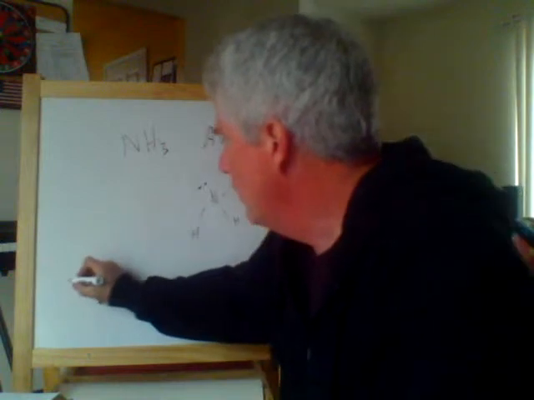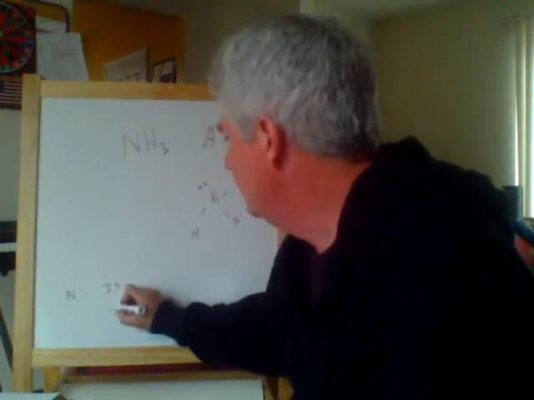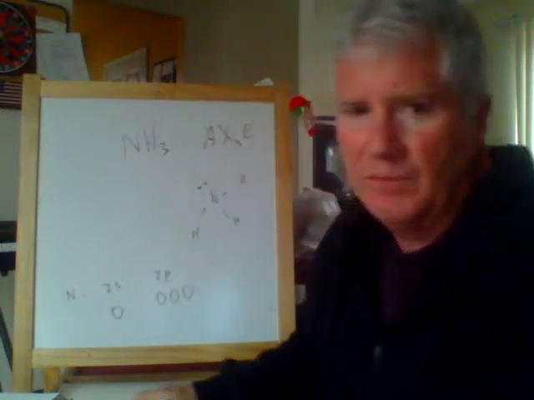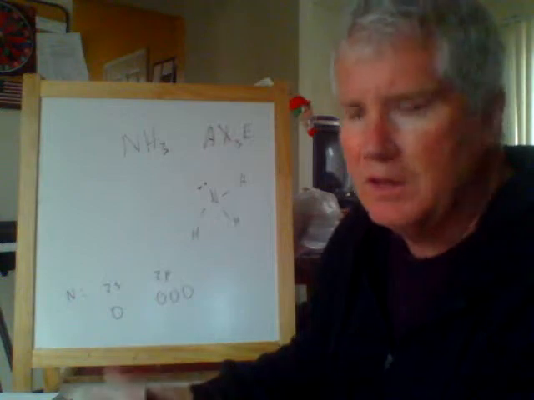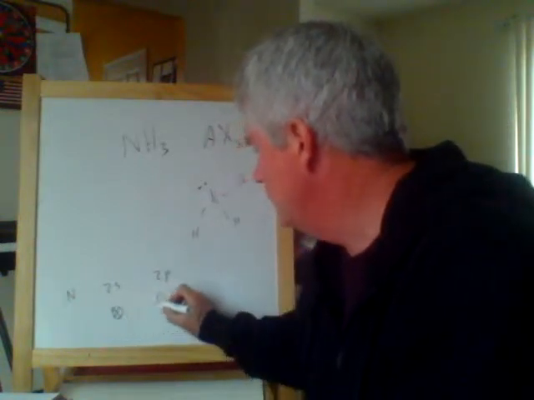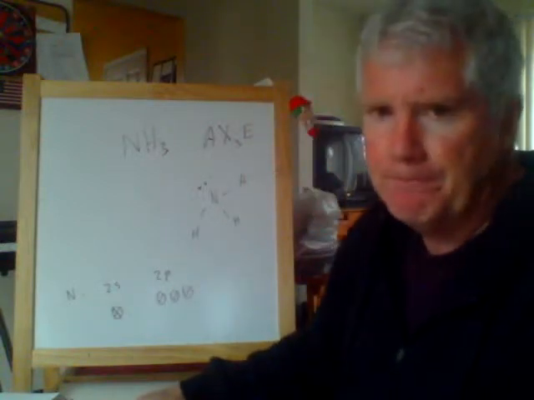We have to look at nitrogen. Nitrogen has a 2s and 3 p's, and there are 5 electrons in the atomic state. So in the atomic orbitals, they look like 1, 2, 3, 4, 5.